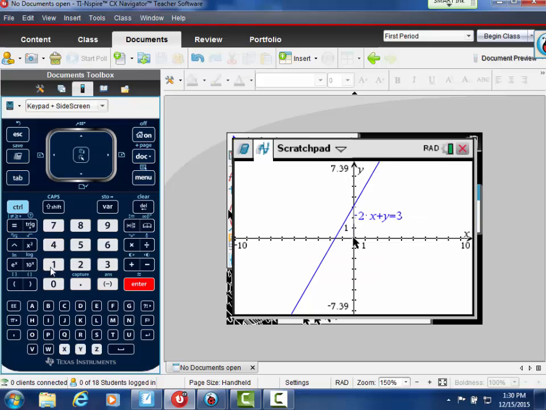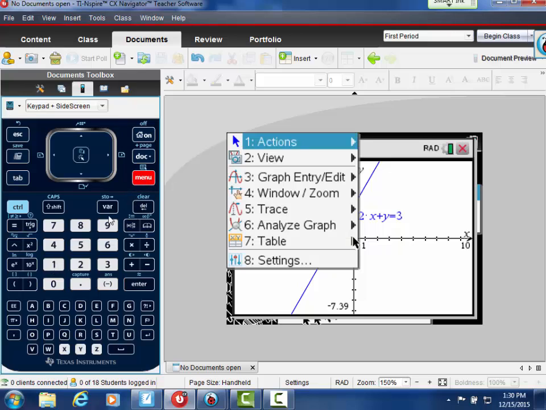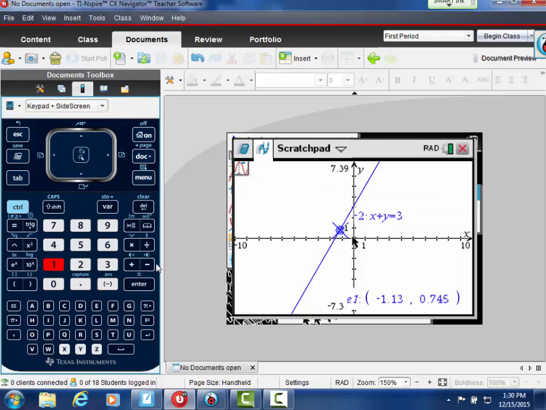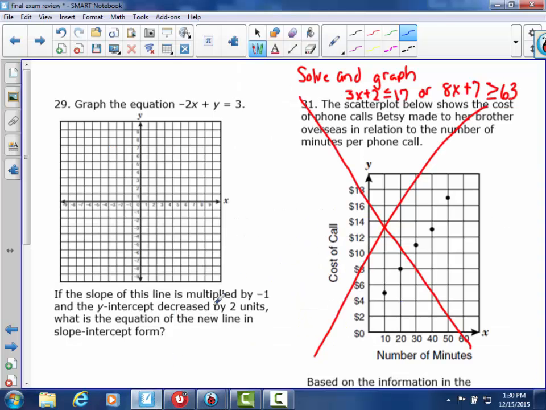Okay, and I can then trace from a point. So it goes from -1, 1 to 0, 3. So if I go from -1, +1 to 3, I went up 2, and then I went over 1, so I know that my slope is 2. Okay. I have another way of doing it, but I'm going to have to show you that in class if you want to learn a different way.